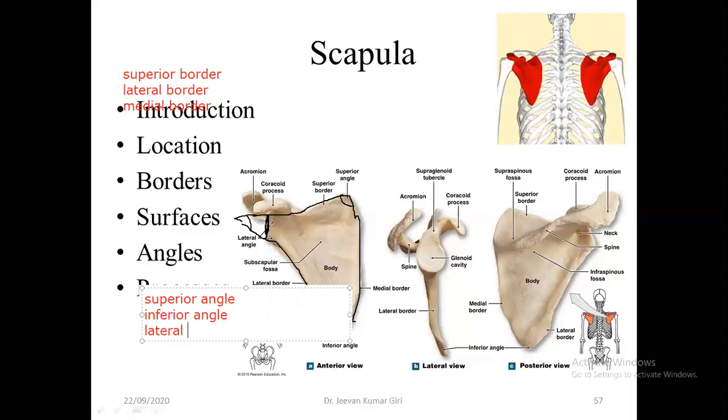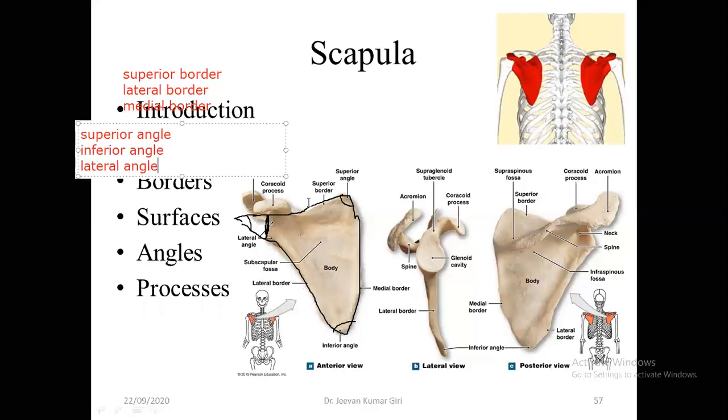Now, the superior angle is the meeting place of the superior border and the medial border. The inferior angle is the meeting place of the medial border and the lateral border.